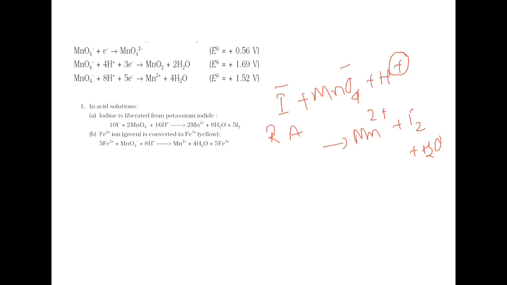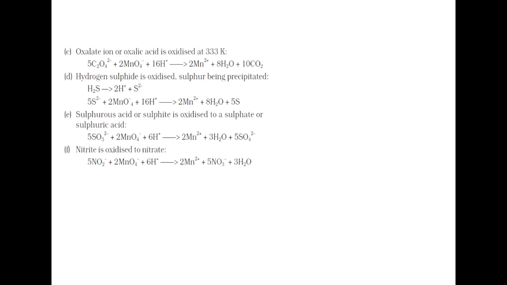In exactly the same way, ferrous is converted to ferric, and permanganate is converted to Mn2+ in acidic medium. Again, oxalate converts to carbon dioxide. Hydrogen sulfide is a reducing agent, converting to sulfur, and permanganate is converted to Mn2+.